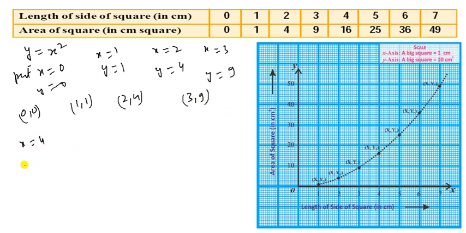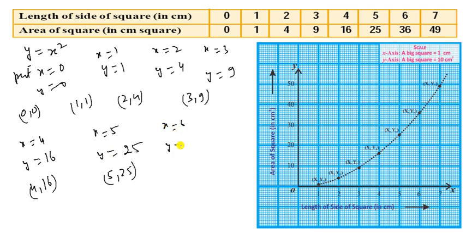Put x equal to 4, so y is equal to 4 fours, 16, and the point is 4 and 16. Here x equal to 5, so y is equal to 5 fives, 25, so the point is 5 and 25. Now put x equal to 6, so y is 36, so the point is 6 and 36.